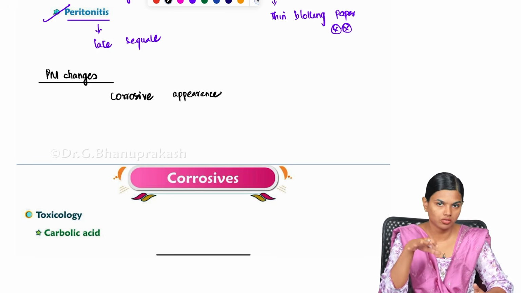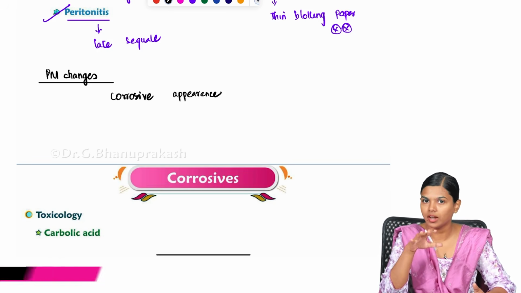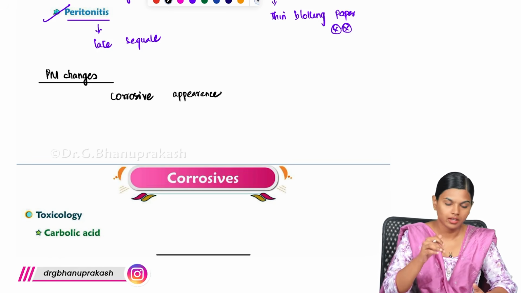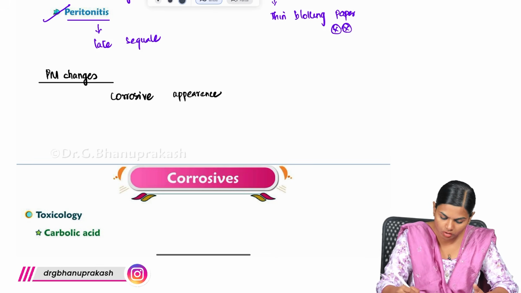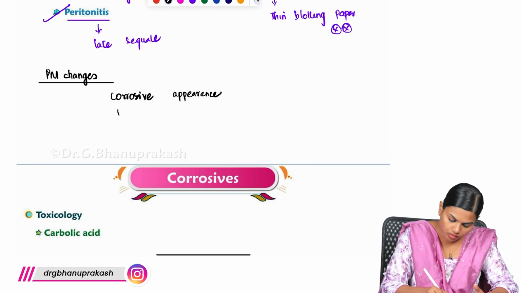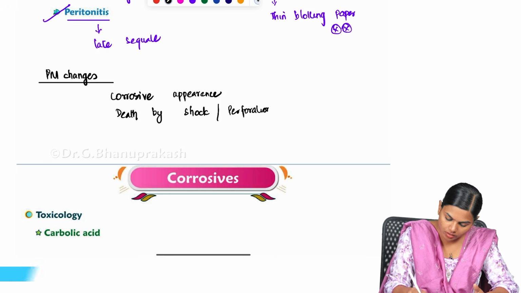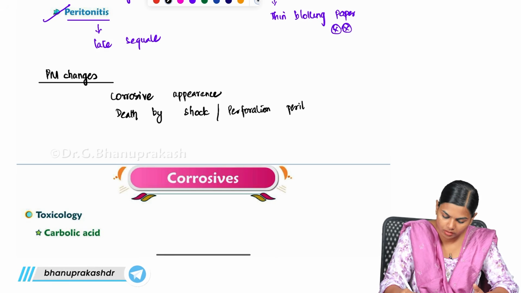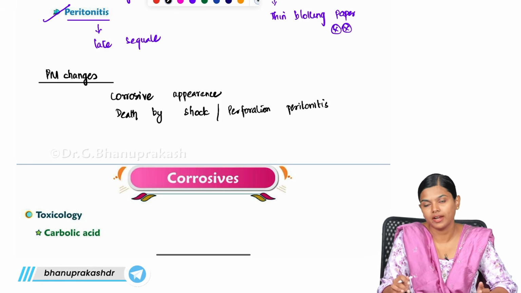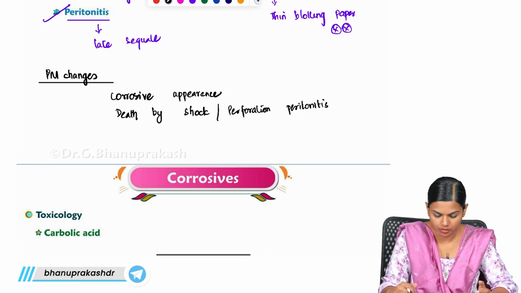You will be able to see death by acidosis or shock. So there will be death, most commonly by shock and perforation peritonitis. These are the commonest things that we have to write in case of sulphuric acid ingestion.